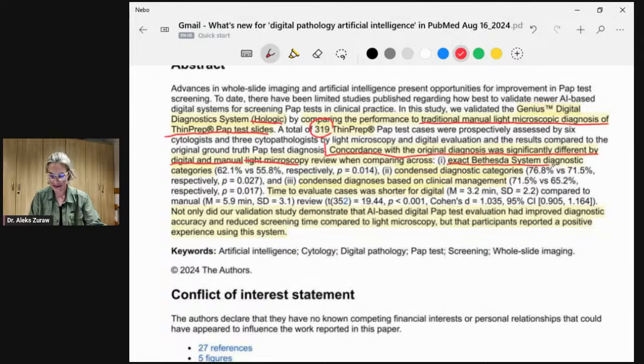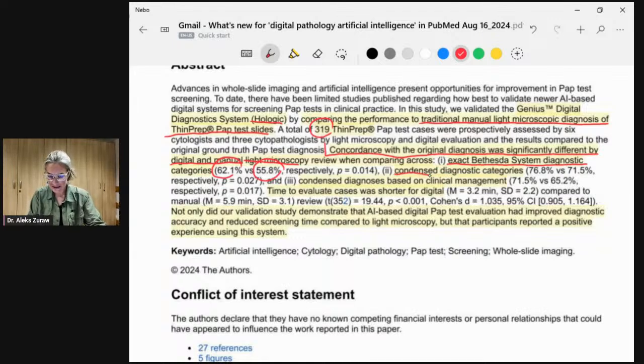So, exact Bethesda system diagnostic, where am I? 62 versus 55%. So 62 is the digital, 55.8 is the light microscopy, the visual.